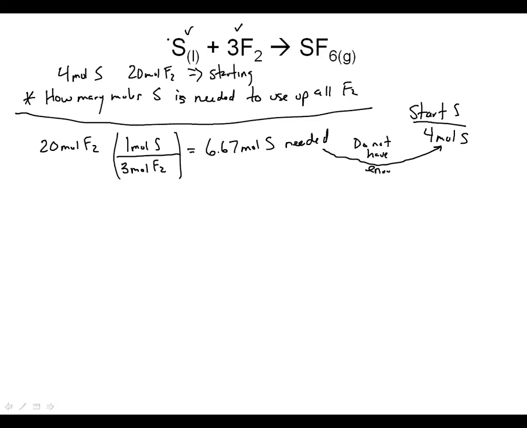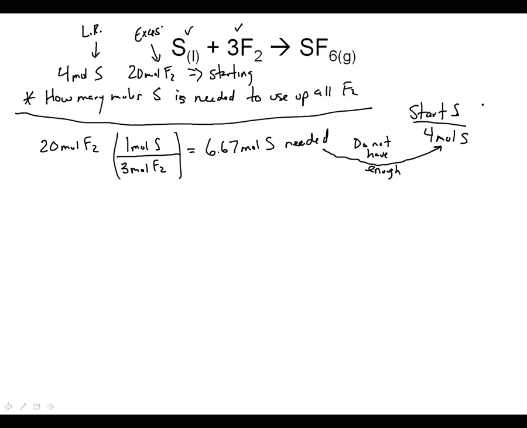And what this will tell us is exactly what it told us in the previous calculation: since we do not have enough, since that's how many moles of S we started with, the S here again is our limiting reagent, and the F2 would be our excess reagent.